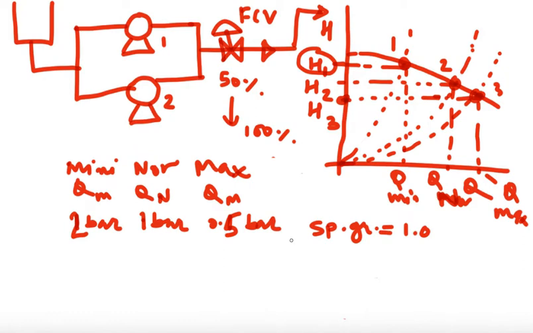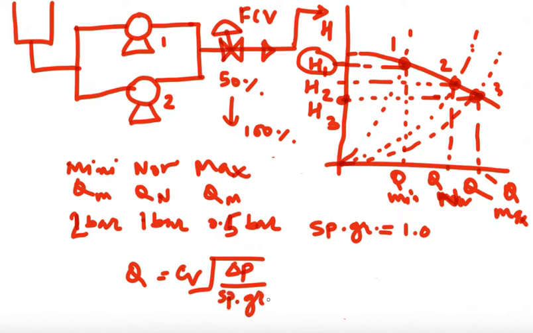So it's 1. Now we know this formula for liquid control valve sizing. So it is Q equal to CV under root of delta P over specific gravity. Now this is the simplest formula, but there are factors to be included actually in this. Q equal to CV, here we have flow recovery factor and orifice discharge factor.